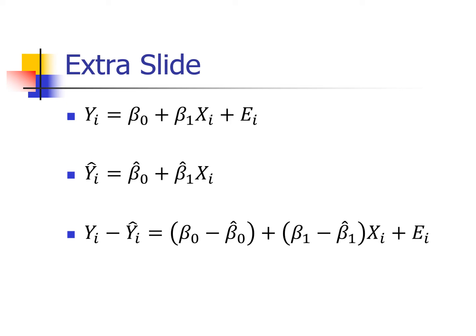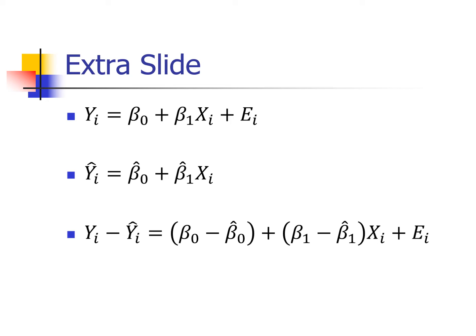I have beta naught minus beta naught hat. Now remember, beta naught hat is supposed to be a good guess for beta naught. So that difference should be pretty close to 0. Plus beta 1 minus beta 1 hat, again, that should be close to 0.